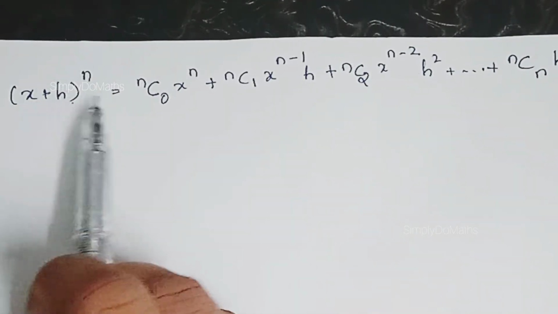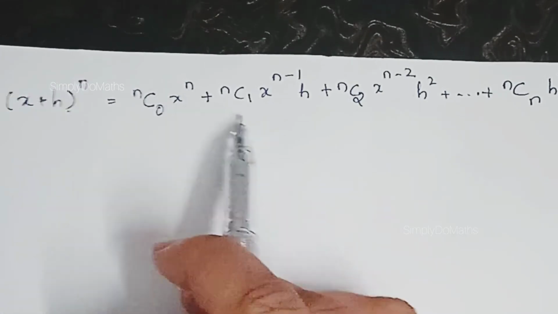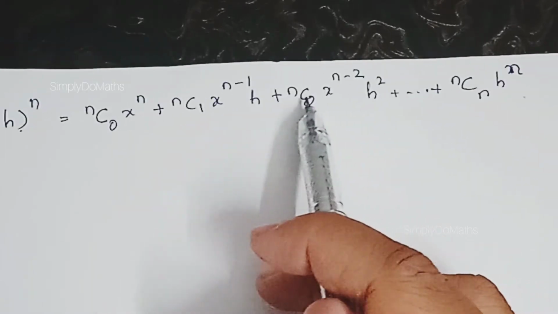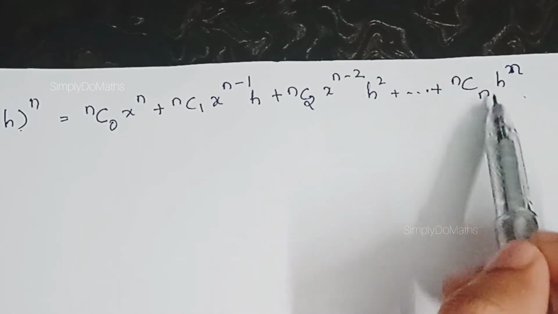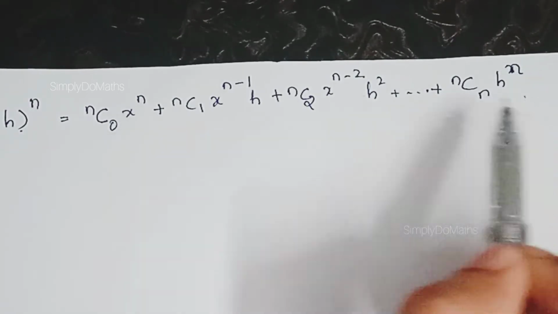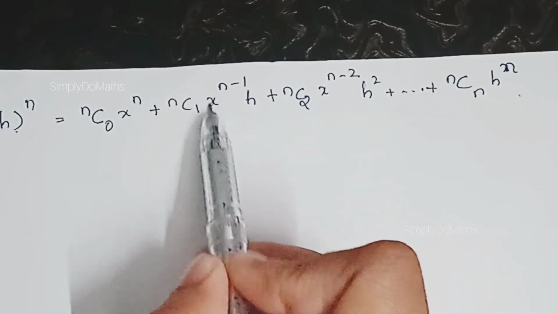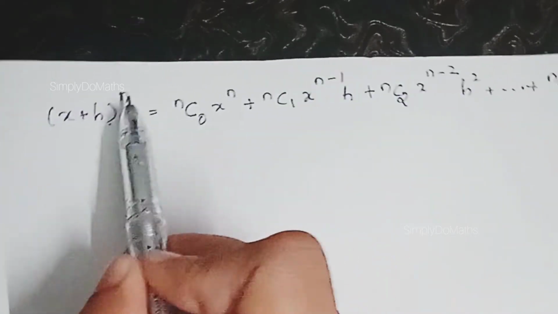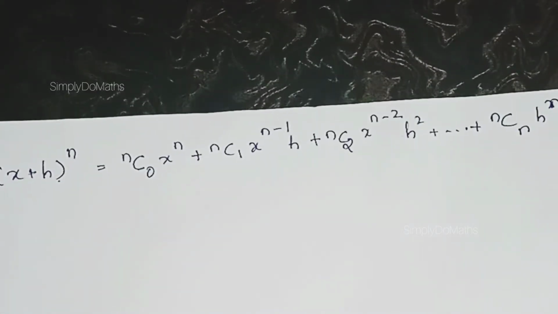So that's why x plus h whole raised to n is equal to nC0 x raised to n, plus nC1 x raised to n minus 1 into h, plus nC2 x raised to n minus 2 h square, and so on up to nCn h raised to n. This is the binomial expansion, right? Whatever be the term, the whole term will have the power n. So this is the binomial theorem. I am using this expansion to solve the problem.